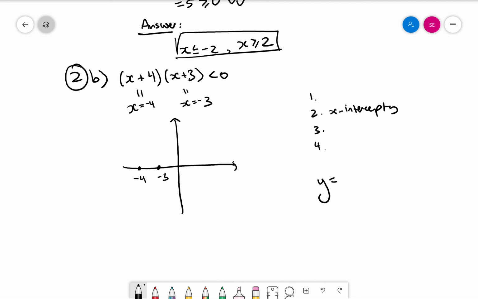I mean, you don't technically need to do that. You could actually just do it from this point here. But since we're just practicing graphing quadratics, I'm going to do all of the steps. So we've got y is equal to x plus 4, x plus 3. And let's expand this bracket.